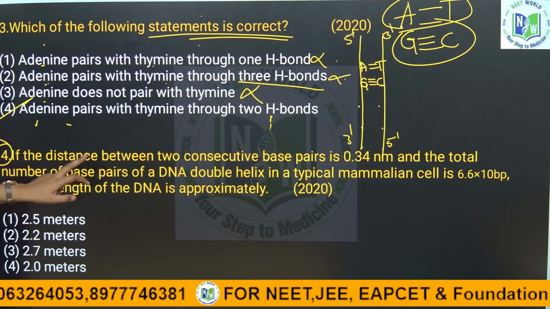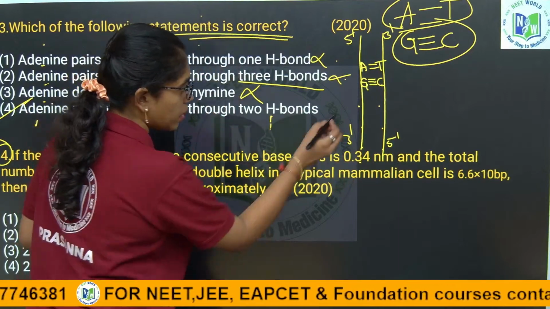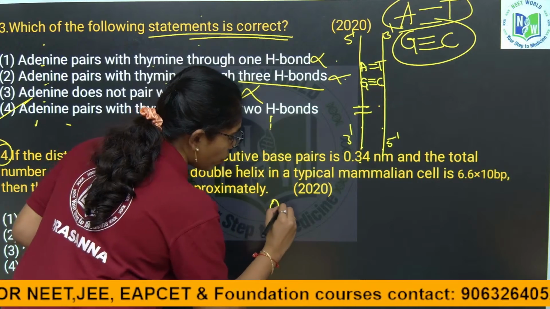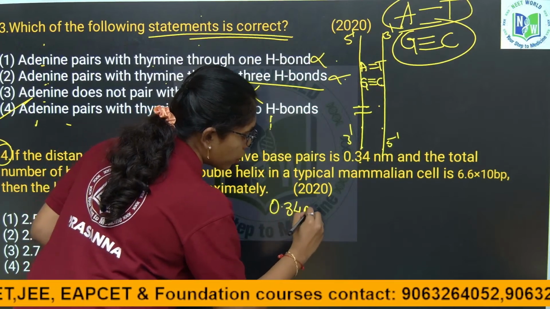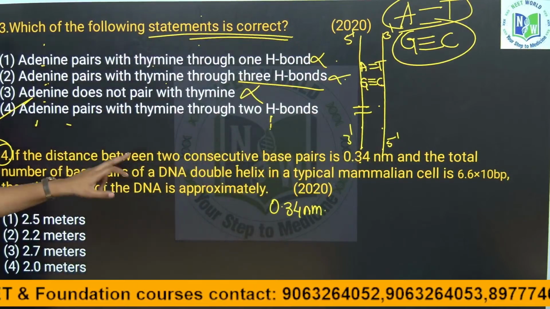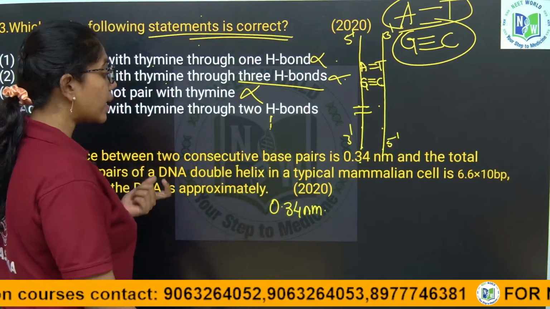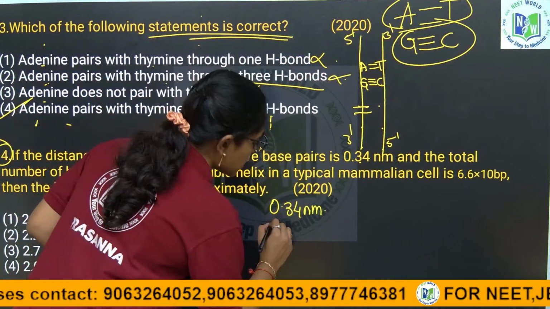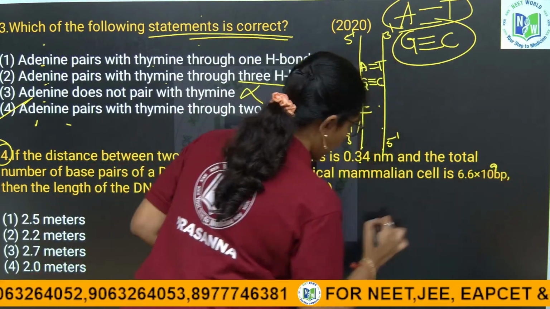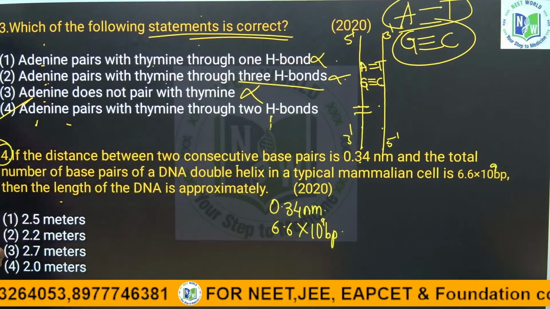Next, this is a numerical question. If the distance between 2 consecutive base pairs is 0.34 nanometers, and the total number of base pairs of the double helix in a typical mammalian cell is 6.6 into 10 to the power of 9 base pairs, what is the length of DNA?